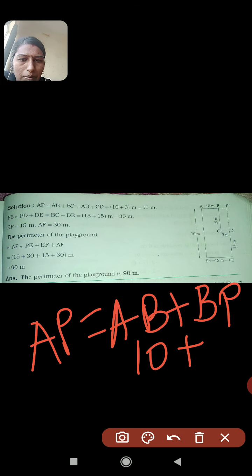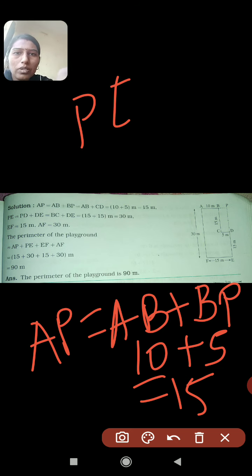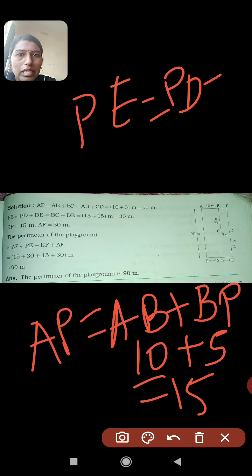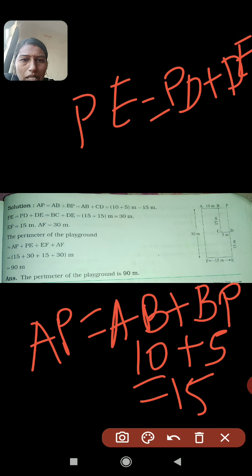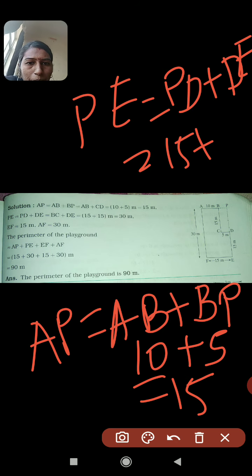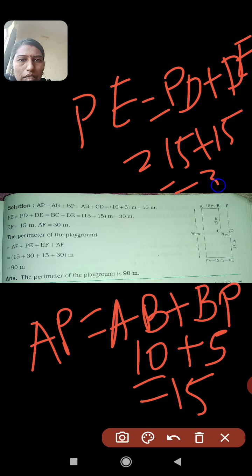This CD and BP are equal, so it is 15 centimeter. Now next you want PE. For PE, what is that? PD plus DE. PD is 15, plus DE is 15, so the whole is 30.